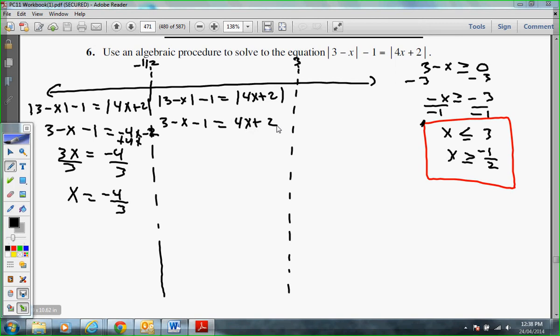Now we just solve again. Let's go 3 minus 1 is 2. So I'm going to minus the 2 over. So it's going to be -x plus 2 equals 4x plus 2. You're going to minus the 2 minus the 4x. You're going to get -5x equals 0. So x equals 0.